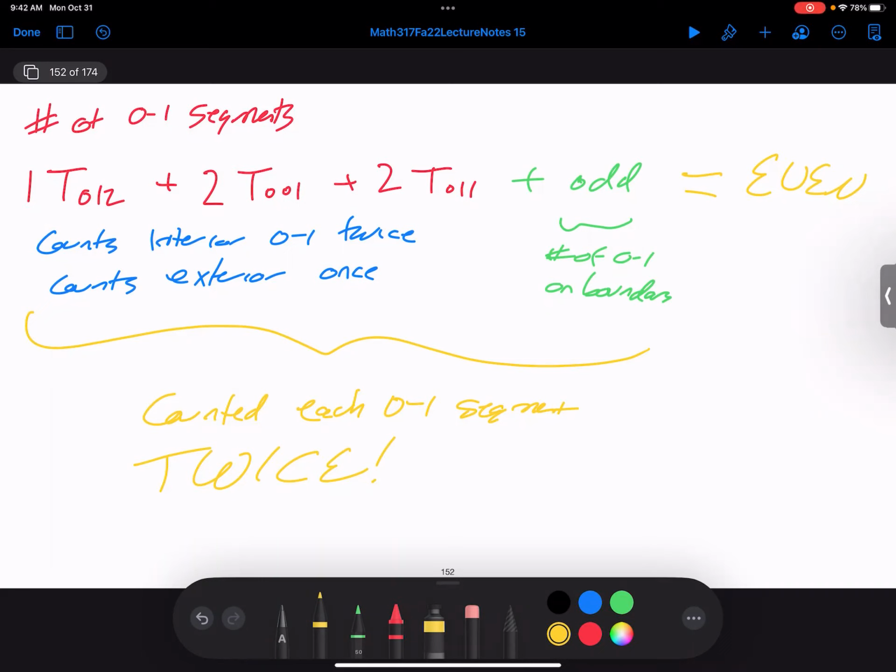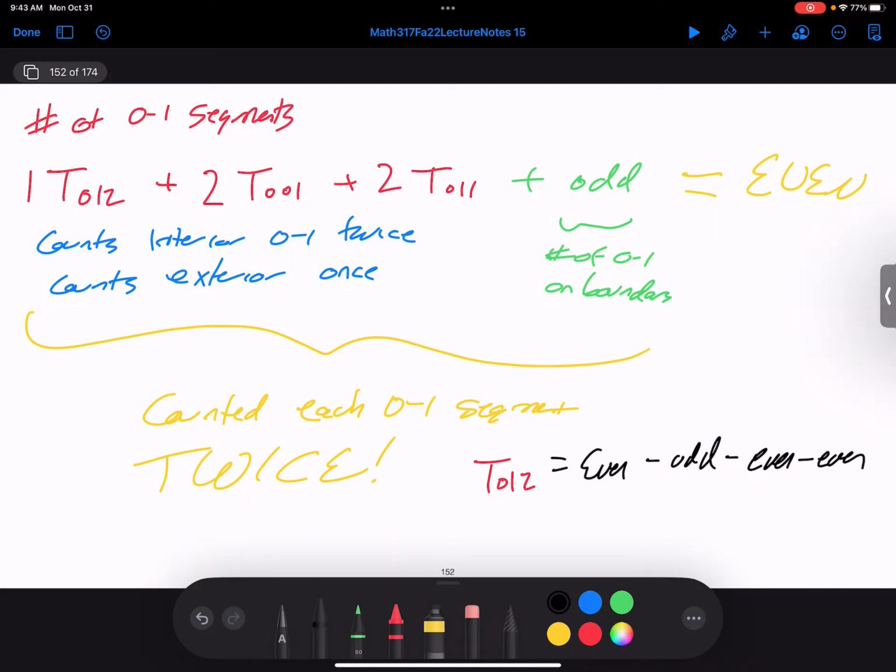All right, so we now get that T012 is equal to even minus odd minus even minus even, right? If I just move everything over. The left-hand side has 2 things that are even and 2 things that are odd. The right-hand side is even.